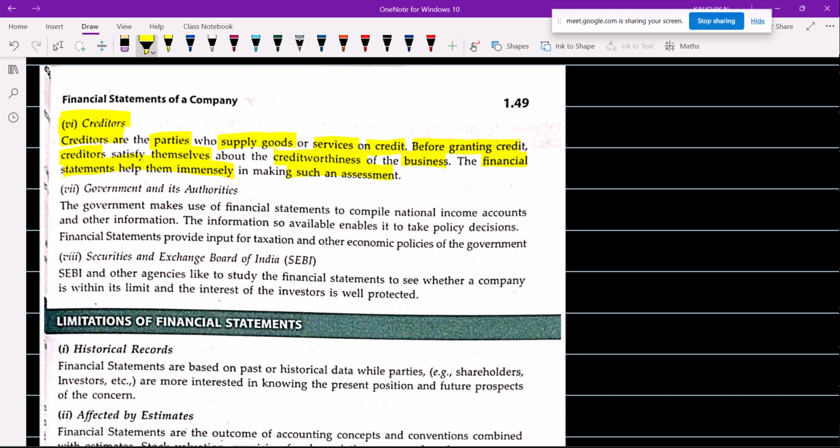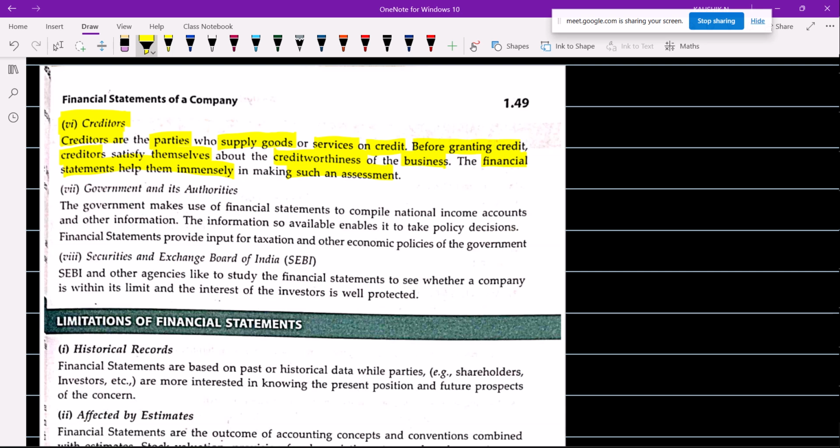Moreover, before granting credit, the creditors should satisfy themselves about the creditworthiness of the business. For example, if I am a creditor to a particular person's business, I must first ensure whether the company is really worth the credit amount, whether they have the capacity to pay it, and whether they will be able to repay the amount they are collecting from me as debt. That's all I have to assess.